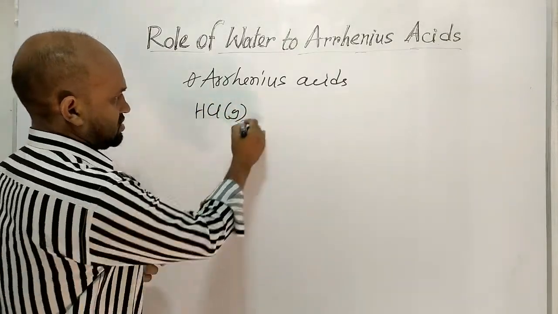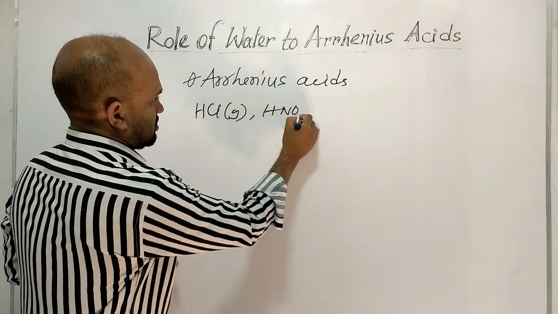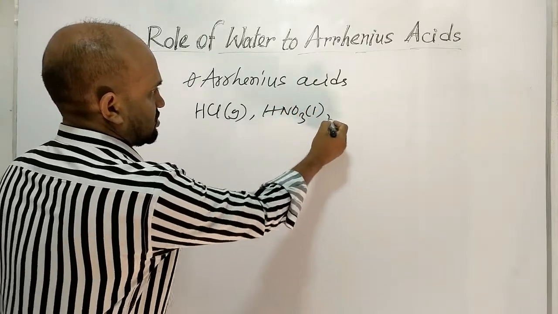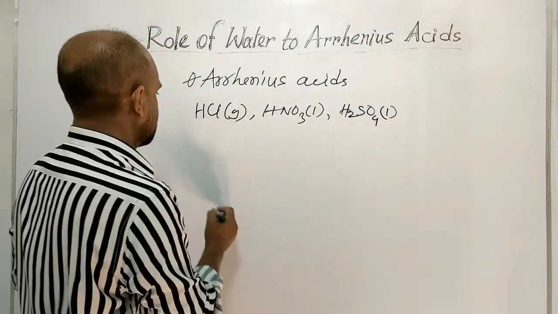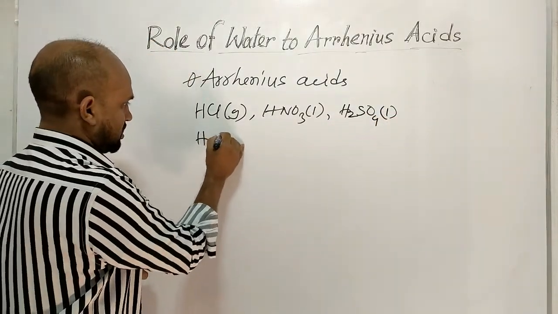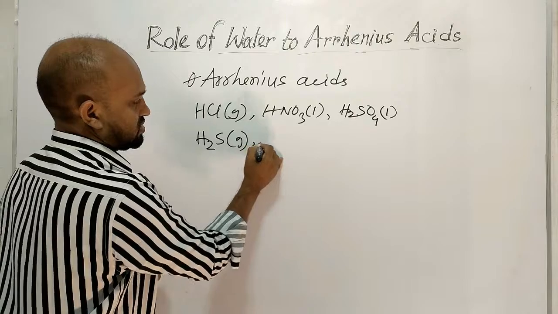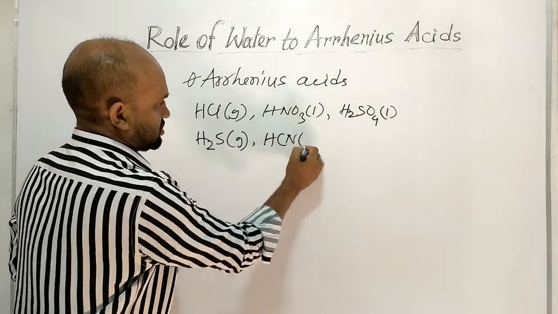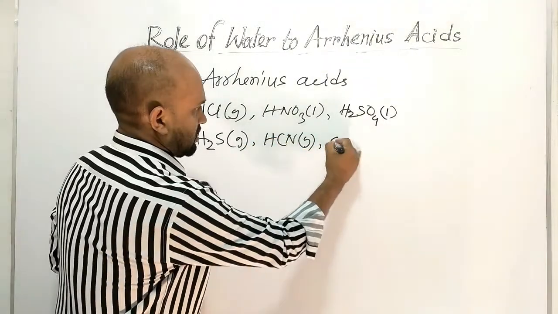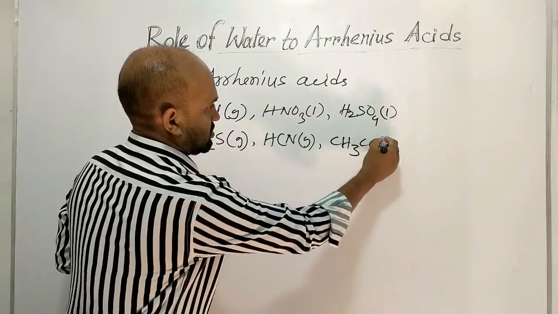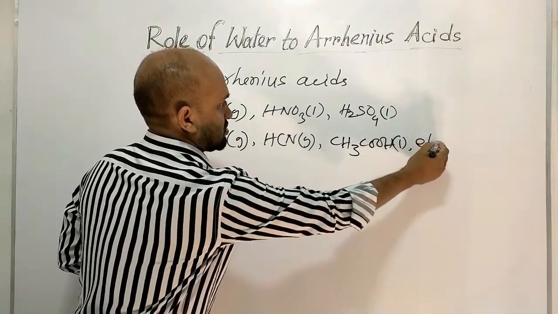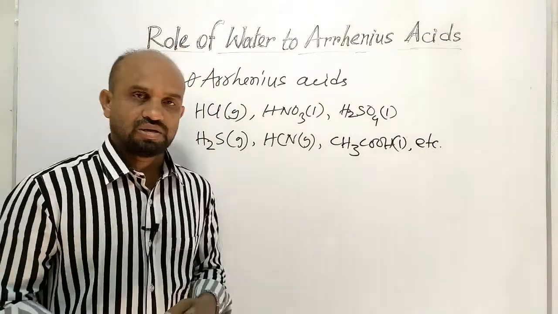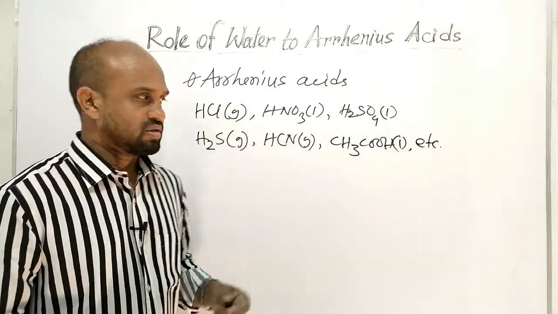Hydrogen chloride, nitric acid, sulfuric acid, hydrogen sulfide, hydrogen cyanide, acetic acid, etc. These are Arrhenius acids.